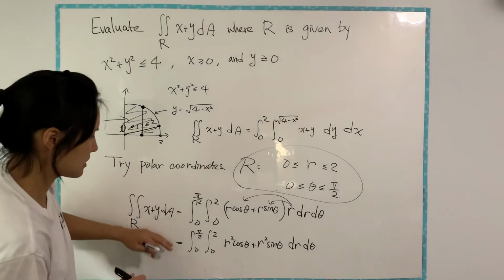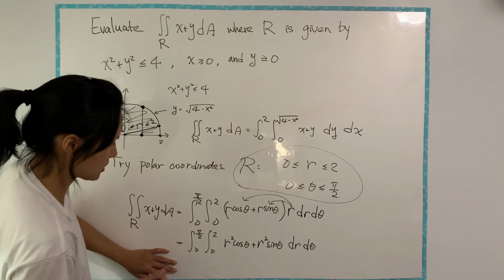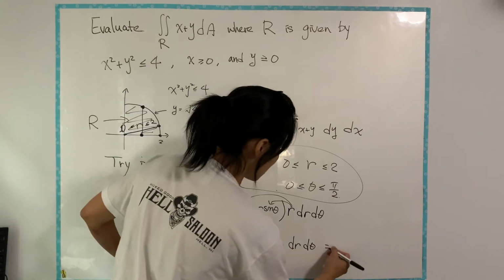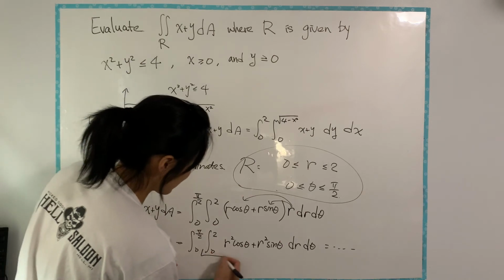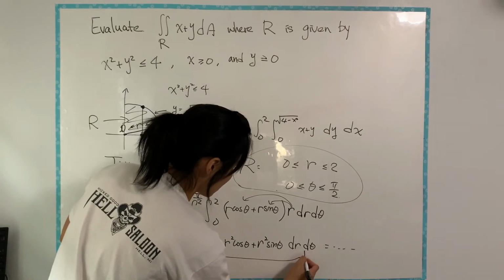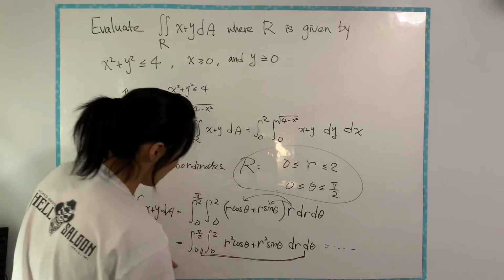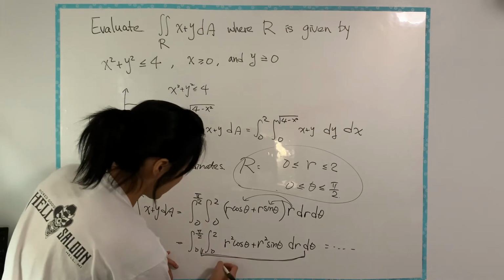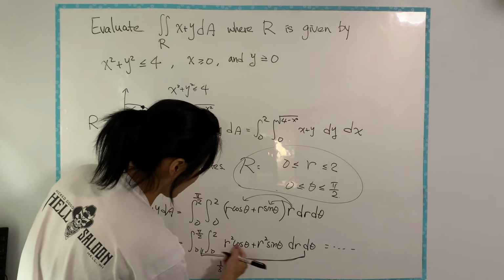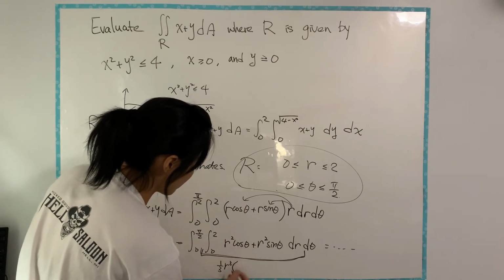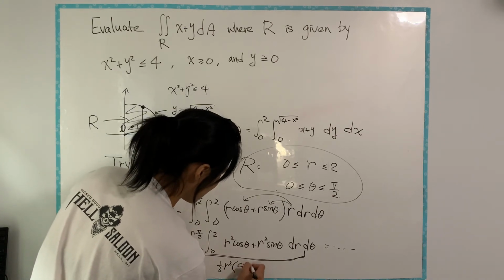Okay, so then the rest is just straightforward computation. I will let you finish. So for example, if you want to take care of the r first, then the antiderivative here will be 1/3 r cubed. That's a factor because r squared is the common factor, so just do it all together.